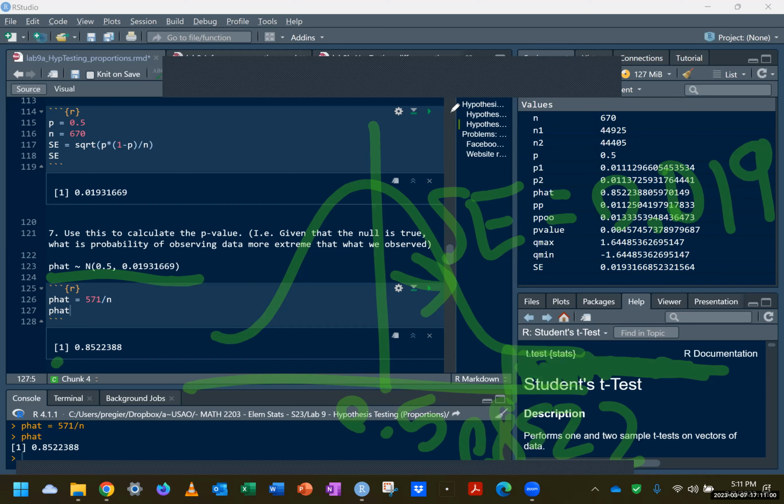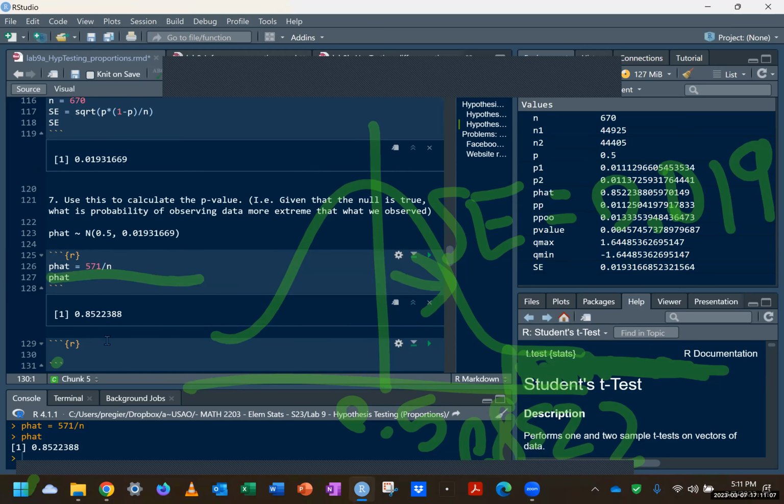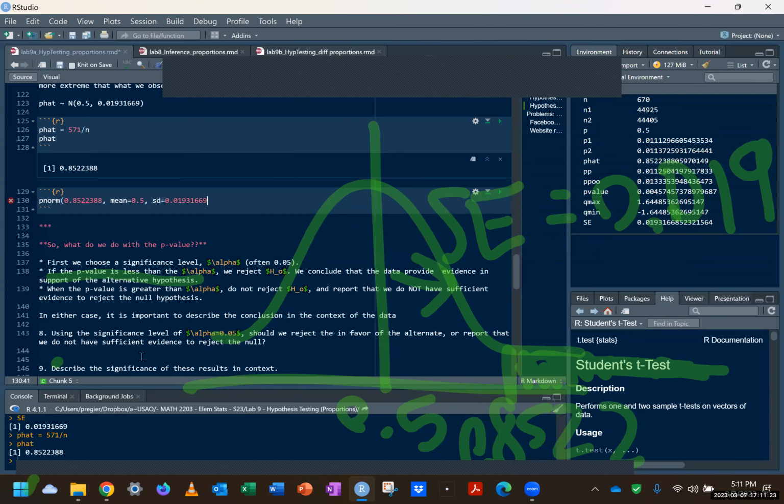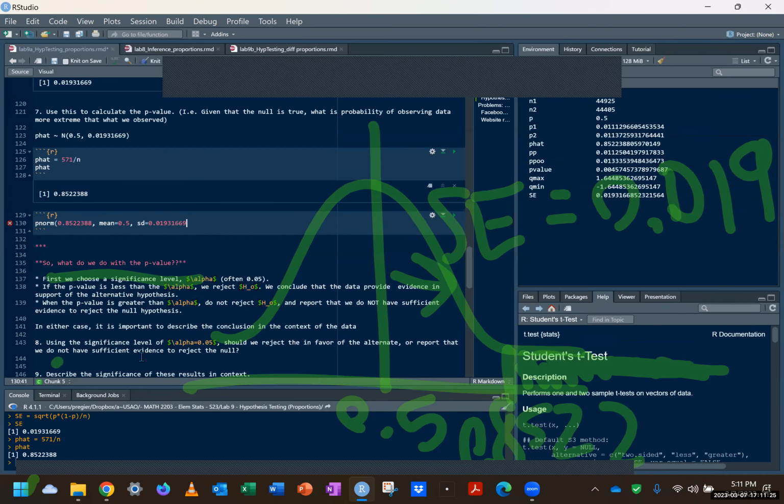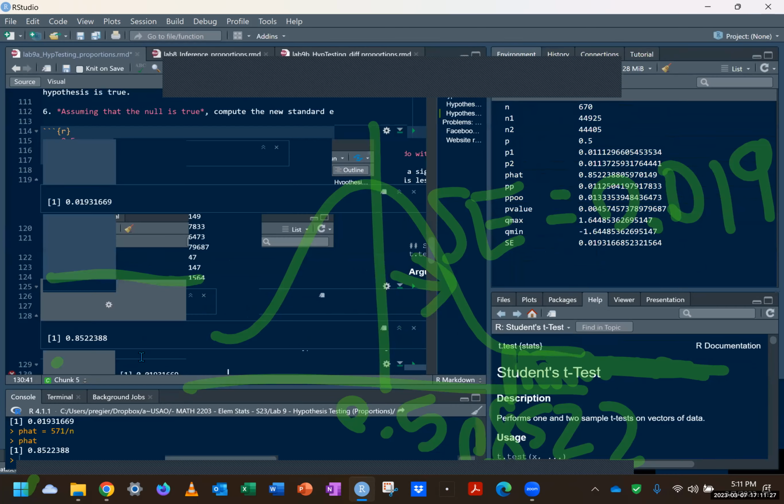Now we can find our p-value using what we've done before. So the p-value is going to be pnorm of that value. And the central limit theorem tells us what the mean and standard deviation are. Mean, standard deviation, and sorry, I didn't mean to do that. Why are you getting smaller? There we go.